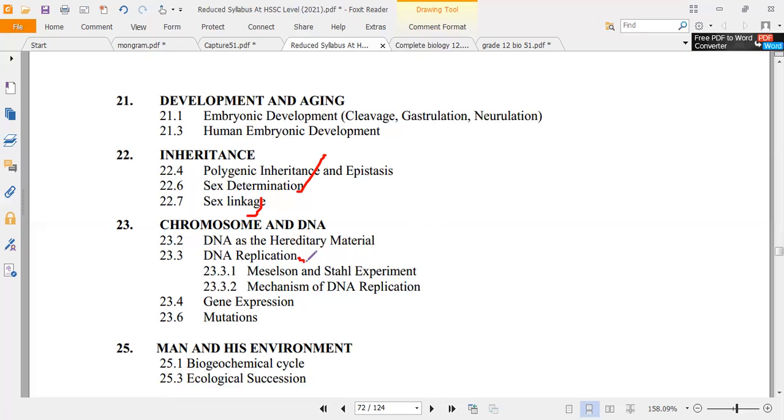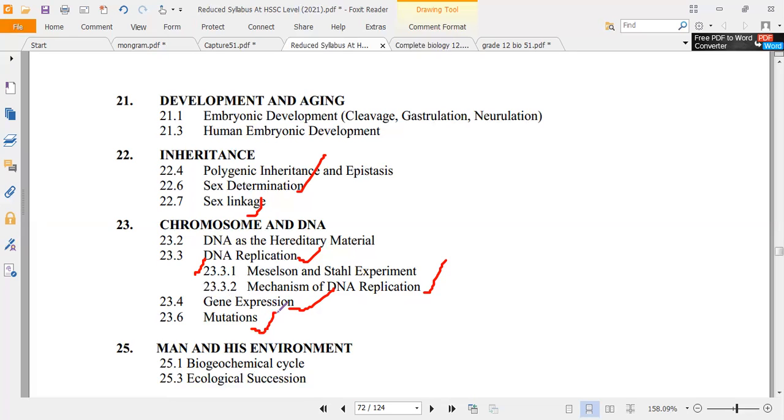Then go to DNA replication. In that DNA replication, models of DNA replication will also be included, because that is under this topic. So Meselson and Stahl's experiment, mechanism of replication, and after that gene expression, in that all the transcription, central dogma, genetic code, translation, these all steps of gene expression are included.